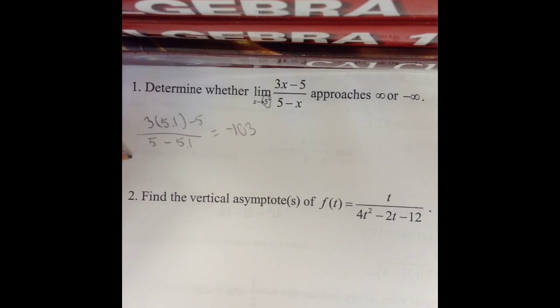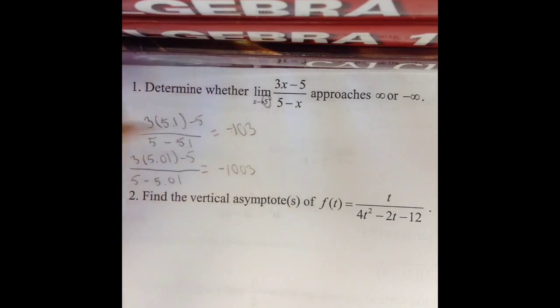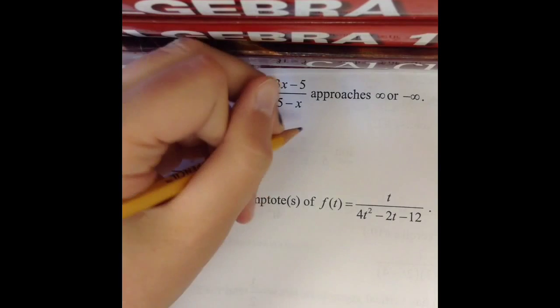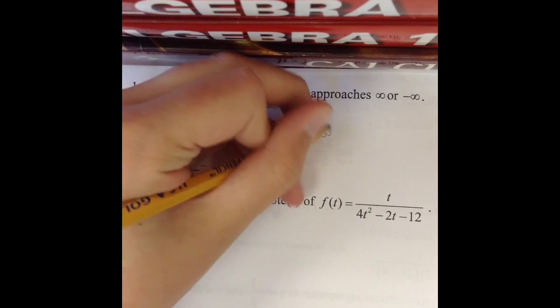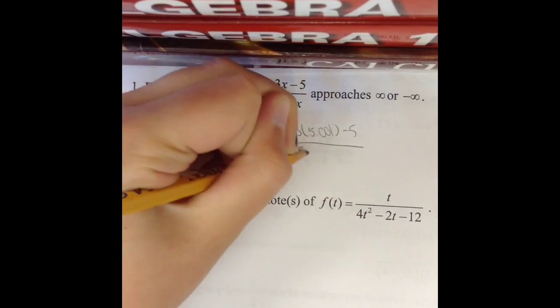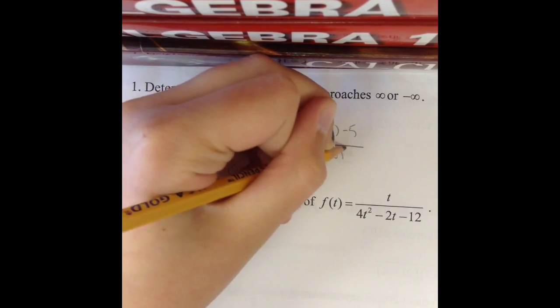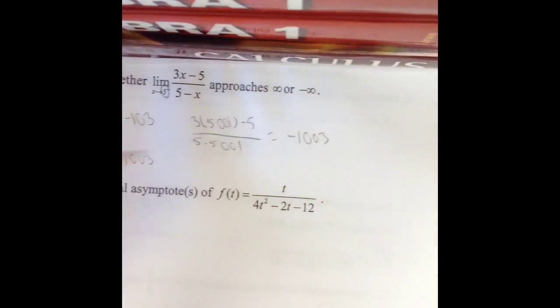So let's try that again, but get a slightly smaller number. So (3 times 5.01 minus 5) over (5 minus 5.01), and that will equal negative 1003. And then finally, let's try that one last time to make sure. (3 times 5.001 minus 5) over (5 minus 5.001), and that will equal negative 1003.